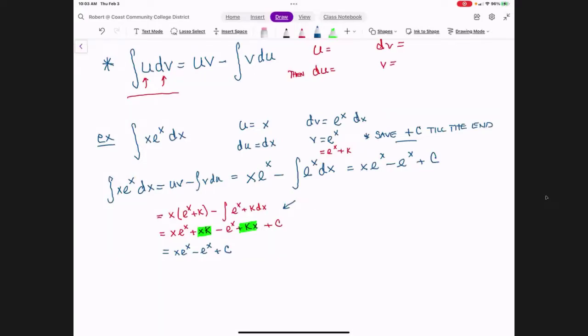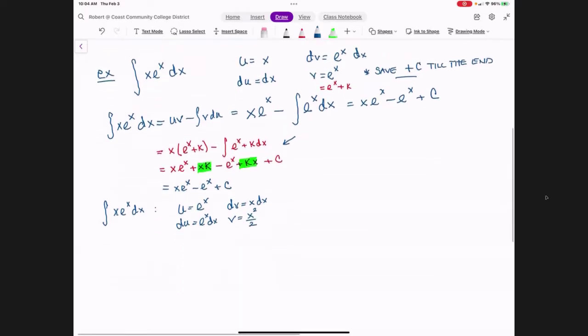Okay, now, an alternative approach to this is we could have made different choices and said, all right, let's say that u is e to the x, and then dv is equal to x dx. Du is still going to be e to the x dx. Now the v is going to be x squared over 2.